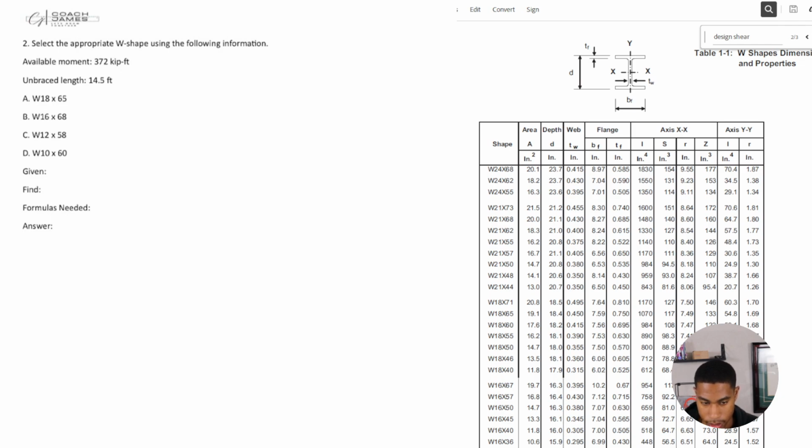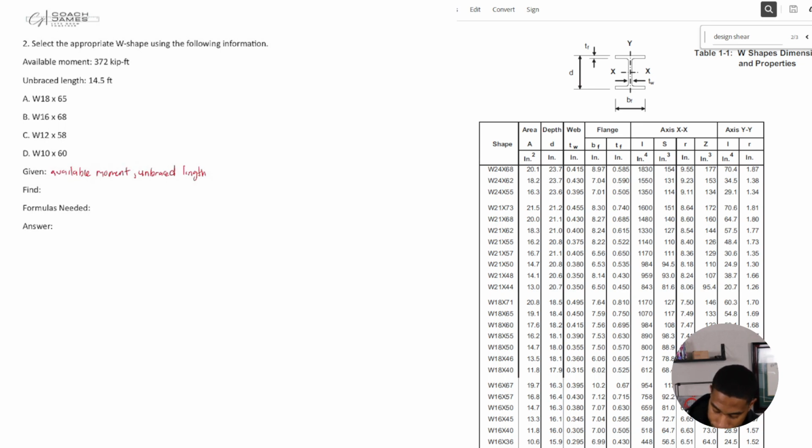So let's go and write down the information that we're given. So we're given the available moment, and we're also given the unbraced length, and we're trying to find, what are we trying to find?